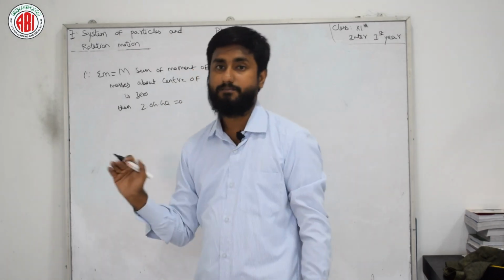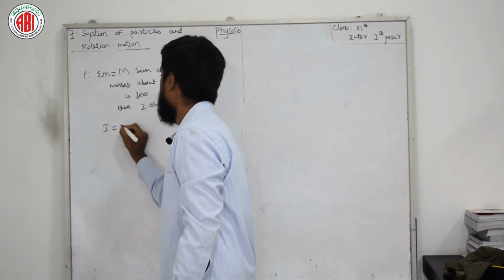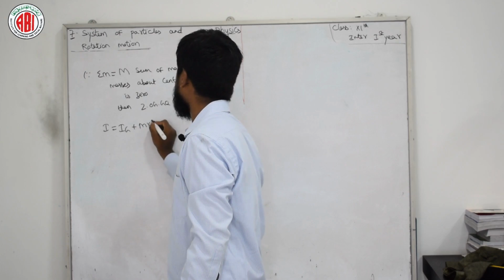So our last complete term becomes 0. So we get I is equal to IG plus MR square. This is the final answer.